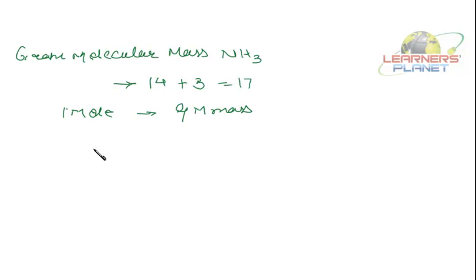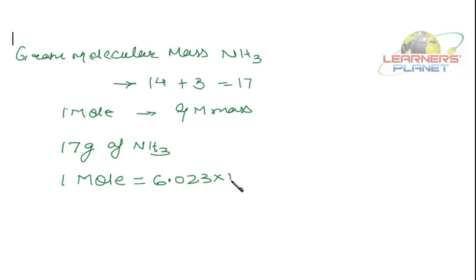What is given? How many molecules are there in 17 grams of ammonia? So the 17 gram is the mass of 1 mole of ammonia. So how many particles are there in 1 mole? There are 6.023 into 10 to the power 23, or it is also written as 6.022 into 10 to the power 23.